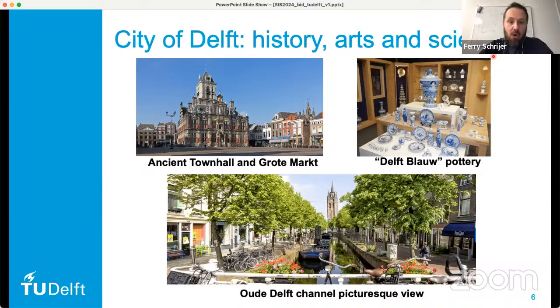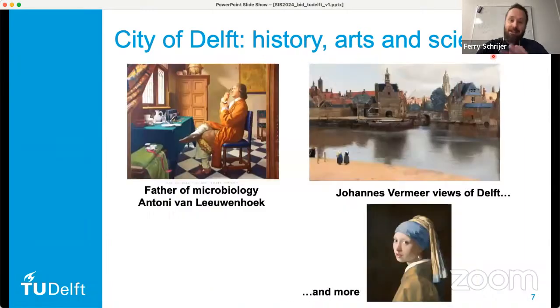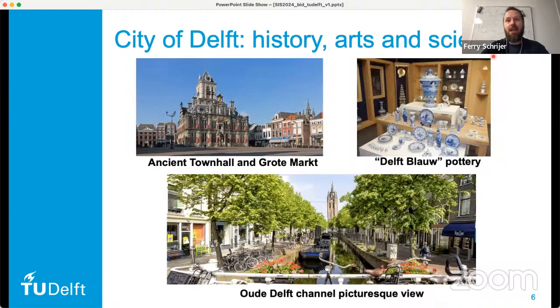Delft is very well known for its pottery, where we copied the china that used to originate from China. And on the bottom, you see a typical picture of the rest of the city, with the canals and the abundance of bikes that you will find around.